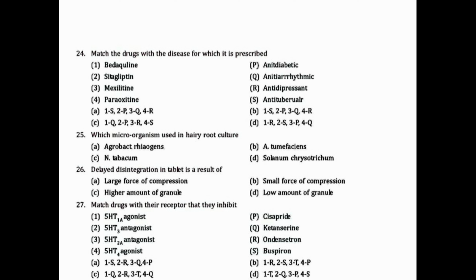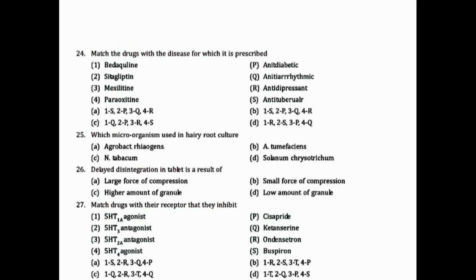What is hairy root culture? Hairy root culture is also known as transformed root culture. Actually, it is a type of plant tissue culture. It is used to study the plant metabolic process and also secondary metabolites and recombinant proteins. A naturally occurring soil bacterium, Agrobacterium rhizogenes, contains Ri plasmids.